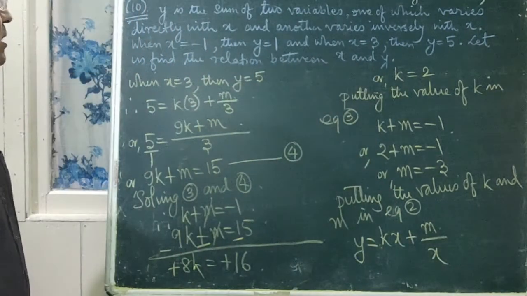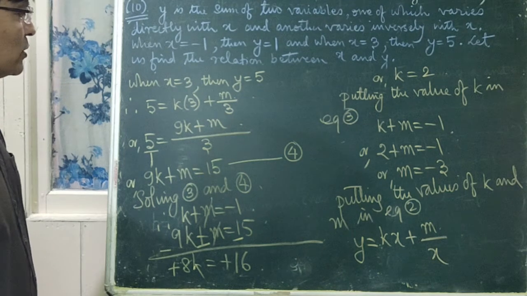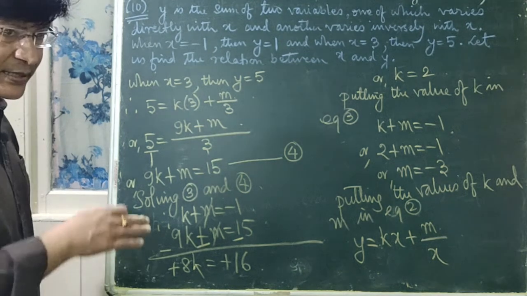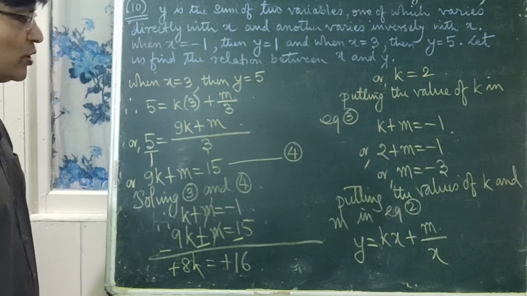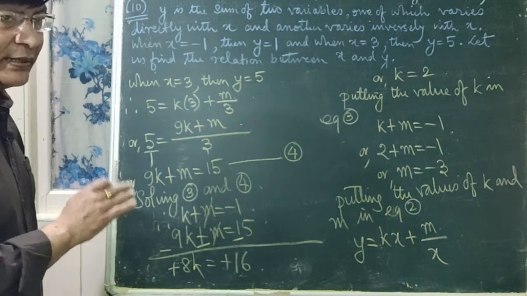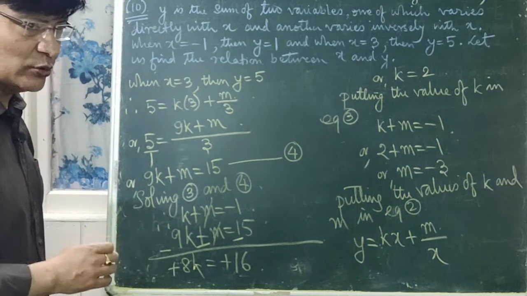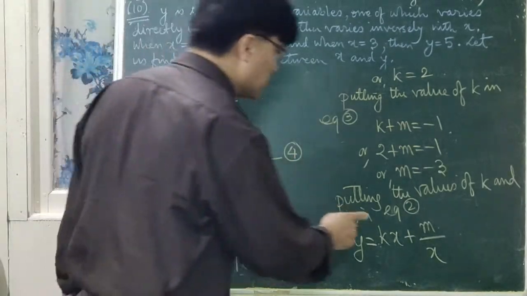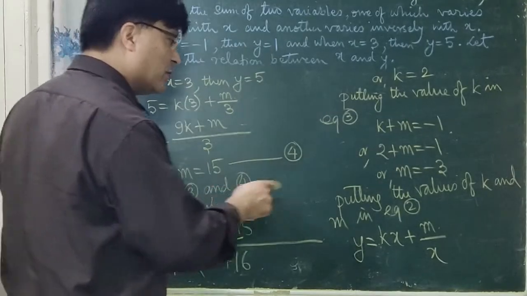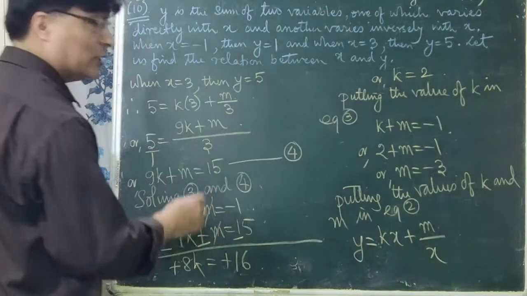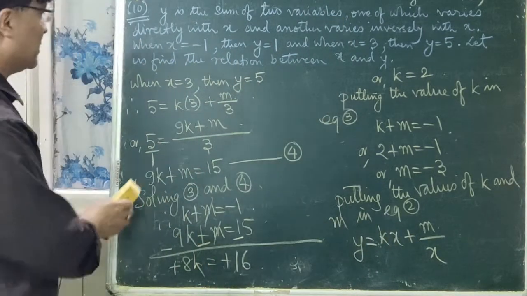This was the relation between x and y in terms of k and m also. So let us put the values of k and m in this equation to get the relation between x and y, right?